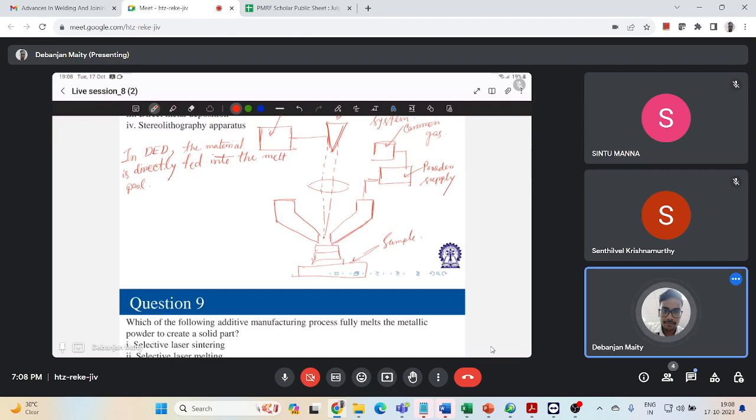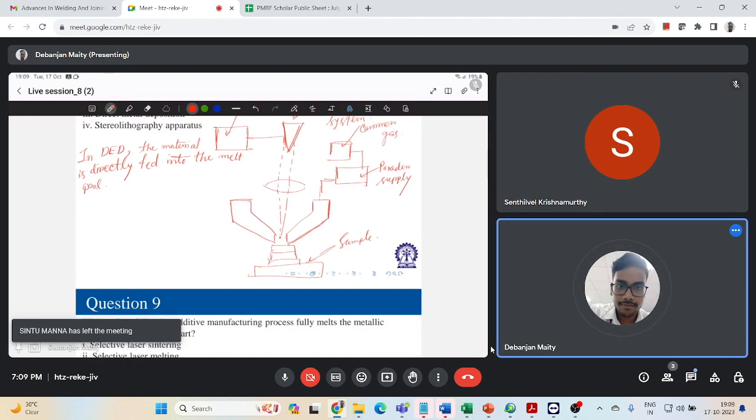Let me try to figure out if we have any other differences. For the laser powder bed fusion system, the substrate can be heated and maintained at approximately 90 degrees C. This reduces the effective temperature gradient between the melt pool and the substrate. So you are basically preheating the substrate, right?